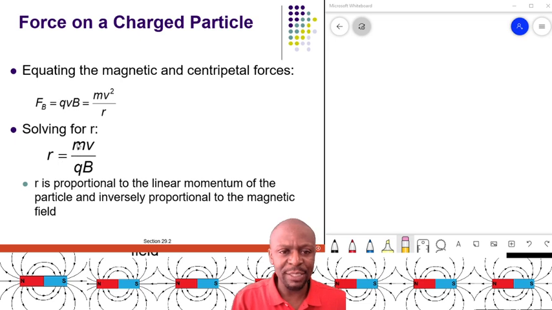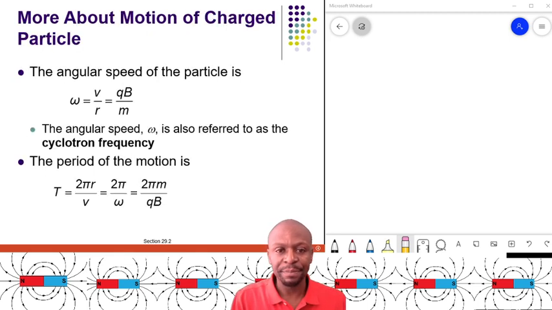The radius is given by m v, the momentum, divided by qB. That is, the radius is directly proportional to the linear momentum of this charged particle, and inversely proportional to the magnetic field B.